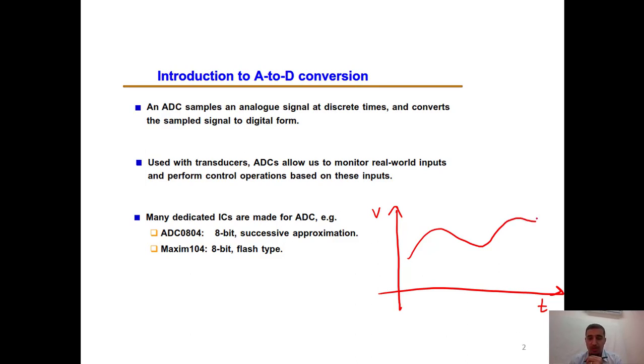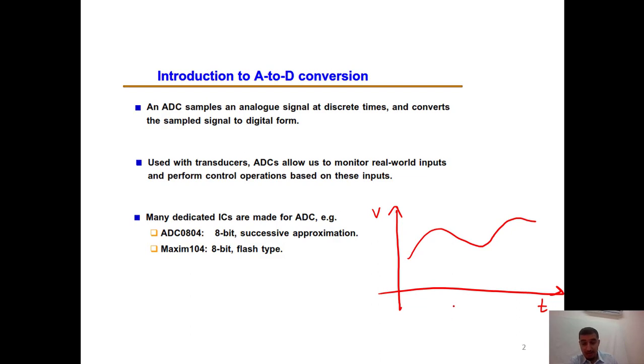In order to do that, we need to take samples at discrete times, and this is called the sampling of a signal. After we do sampling, we project the samples, or the intersections of the samples, to the y-axis and get our voltage value. Now the division of the y-axis is called quantization.